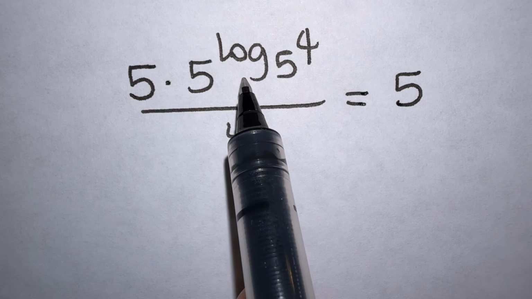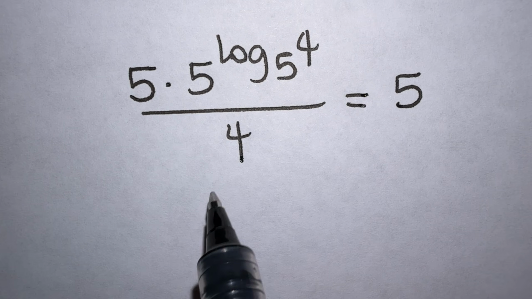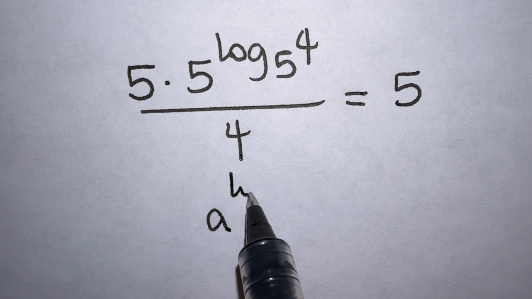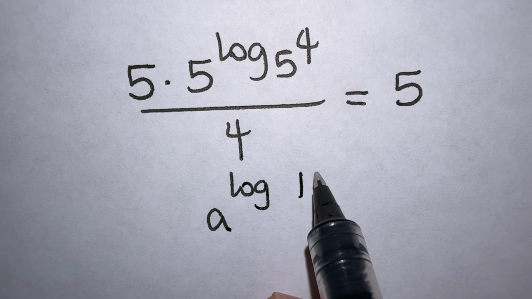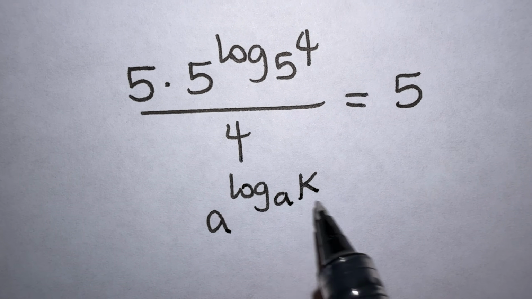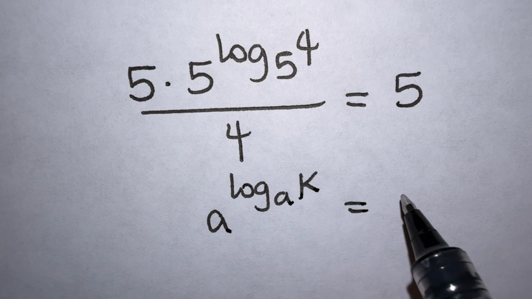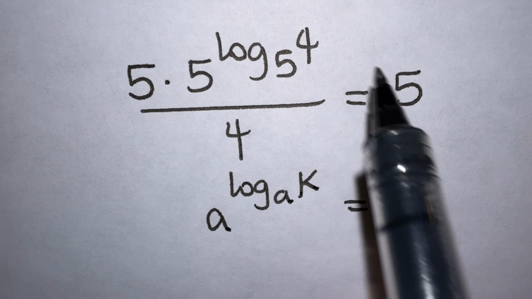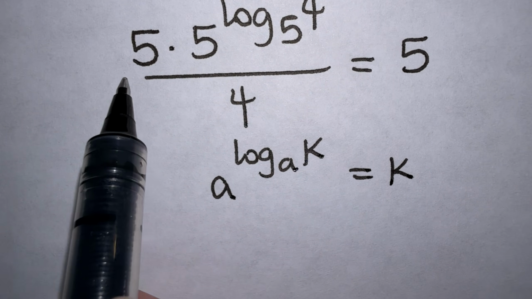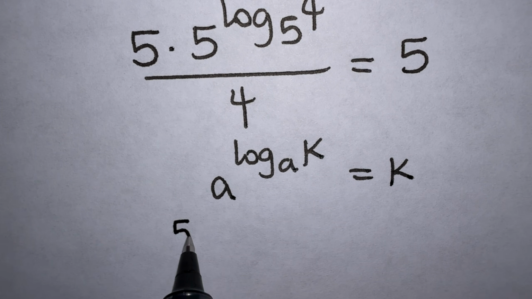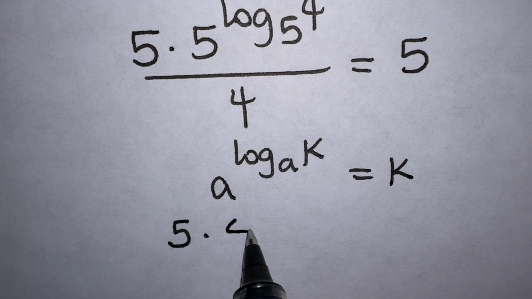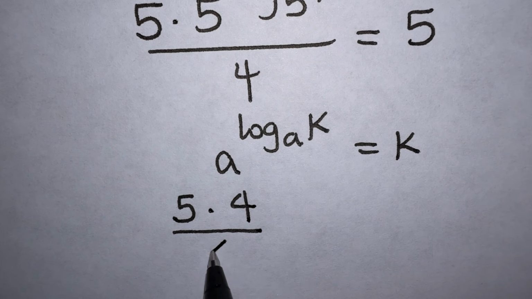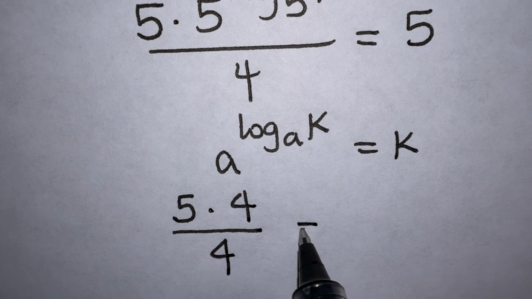Looking at 5 raised to power log 4 base 5, this is of the form a raised to power log k base a. By law of logarithm, this will give us k. So this expression here will give us 4. Then we have 5 times 4, then divided by 4 to give us 5.